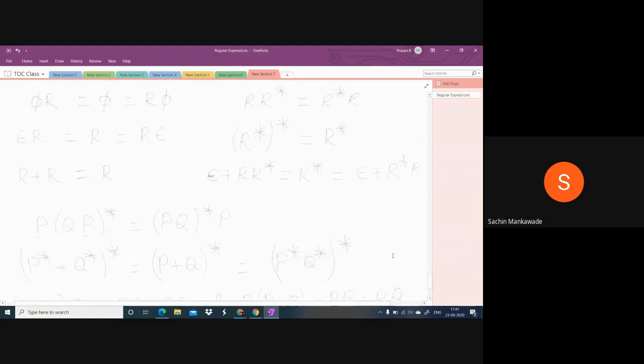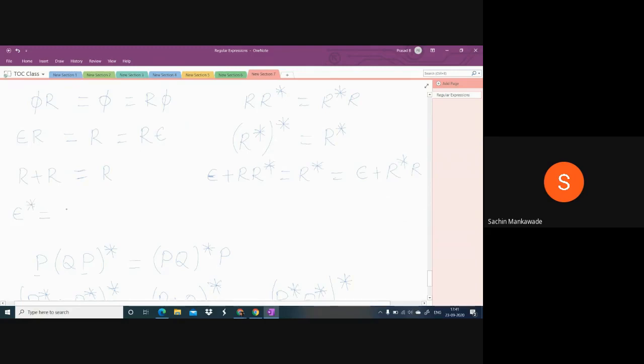These are the identities. One more I will add here. Epsilon star. What is x star? X star is epsilon, x, x square, x cube, and so on.